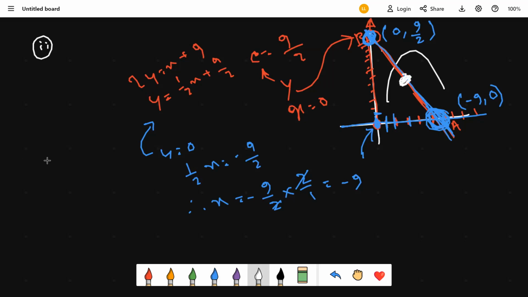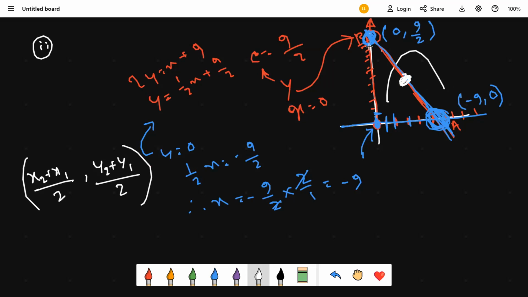Simply we have to use the formula, which is (x2 plus x1) over 2, (y2 plus y1) over 2. Simply add them and divide by 2.